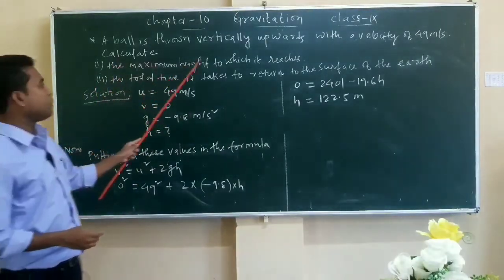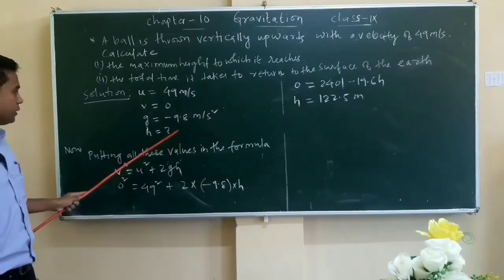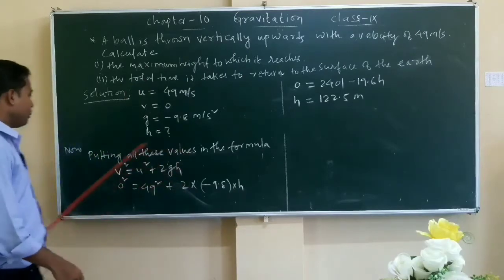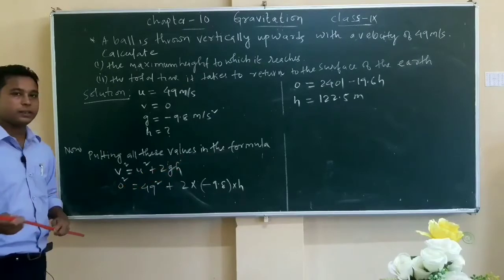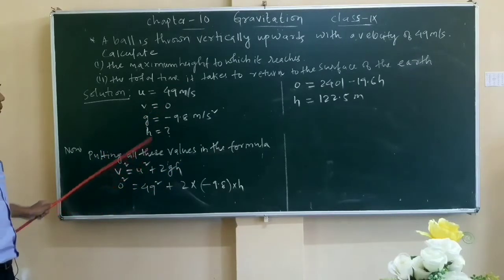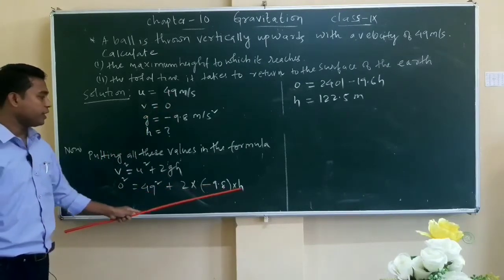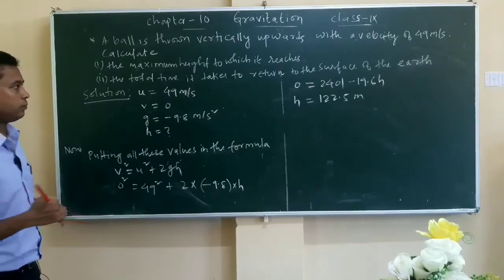Now calculate the maximum height to which it reaches. That means you need to find out height, so height is equal to question mark. Putting all these values in the formula, v square equal to u square plus 2gh. v is equal to 0, u is equal to 49 square plus 2 into minus 9.8 into h. h is not given to you, you need to find out h.